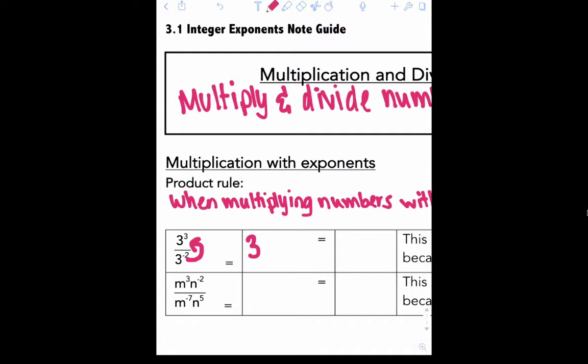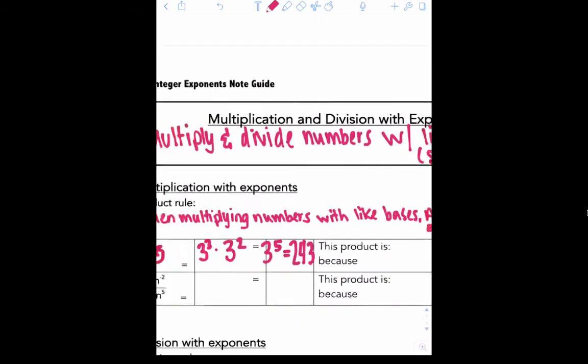So I have 3 to the third in the numerator, and once I move 3 to the negative second up to that numerator, it becomes 3 to the positive second, and I'm multiplying them. 3 and 3 are the same number, so I have like bases, so I'm going to add the exponents. 3 plus 2 is 5, so that's my new exponent, and then I keep the same base. So this is 3 to the fifth, and we can go ahead and calculate that out and find that it's 243.